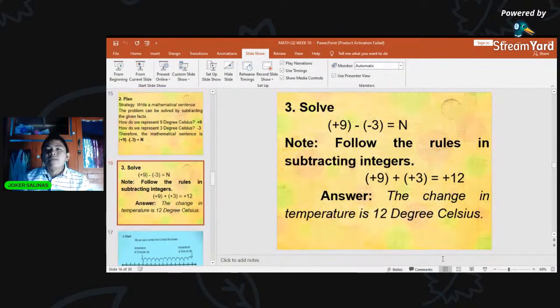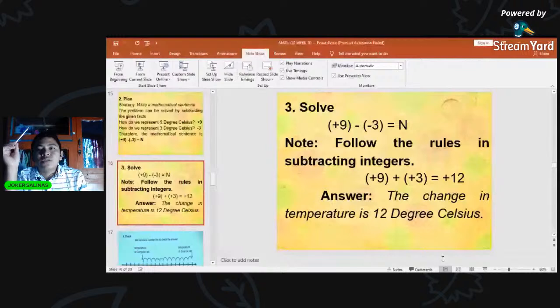After knowing the mathematical sentence, you are on the third step, which means you're going to solve it. To solve it, we need to follow the rules in subtracting integers that we studied before. Positive 9 minus negative 3 is equal to n. We change the minus sign into plus, and the negative sign into positive, using the additive inverse property.